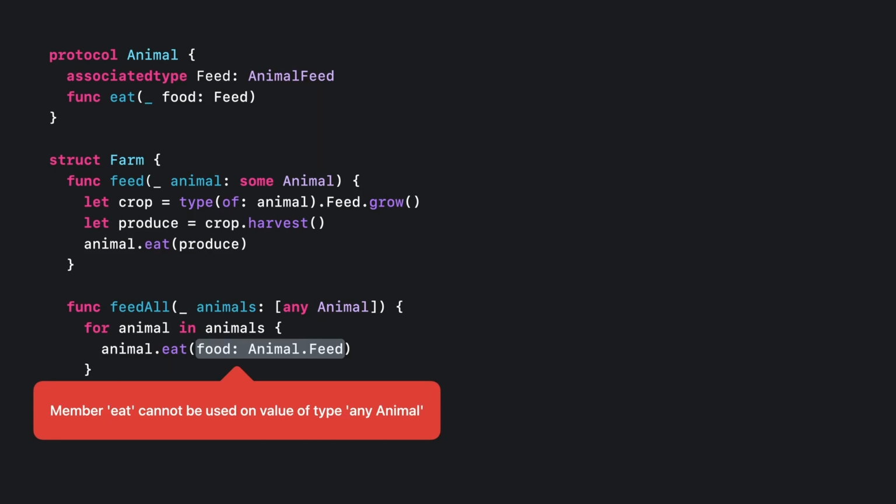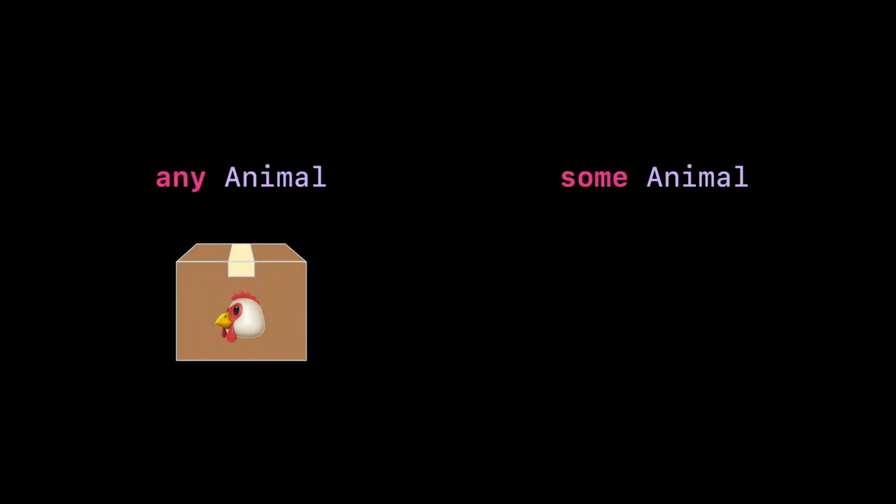To rely on type relationships, we need to get back into a context where the specific type of animal is fixed. Instead of calling eat directly on "any Animal", we need to call the feed method that accepts "some Animal". Now, "any Animal" is a different type from "some Animal", but the compiler can convert an instance of "any Animal" to "some Animal" by unboxing the underlying value and passing it directly to the "some Animal" parameter.